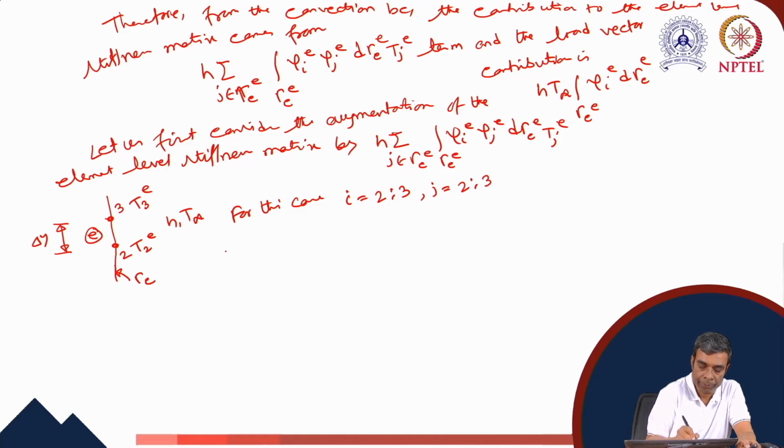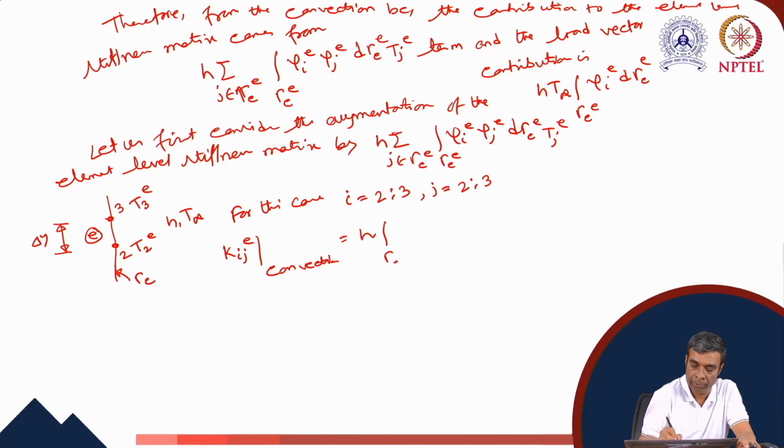So we have K ij e convection equals h into the integration over gamma CE of psi IE psi JE d gamma CE.